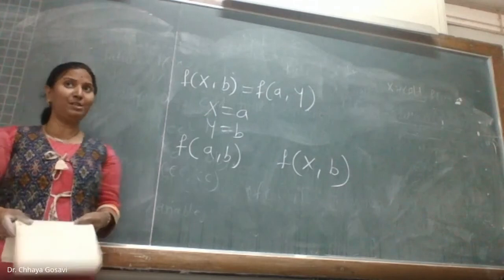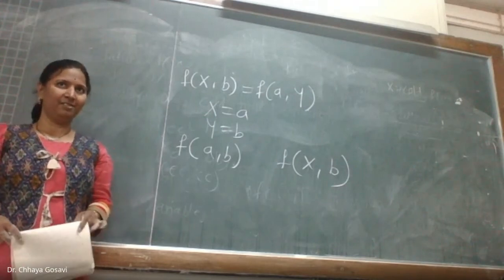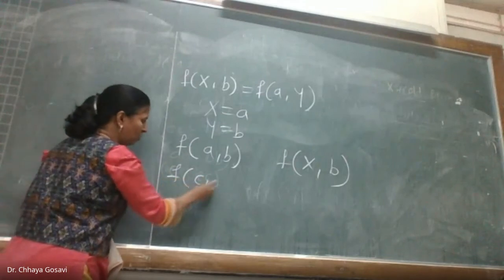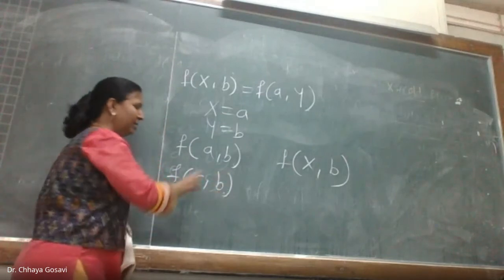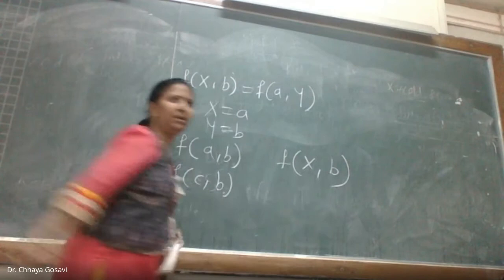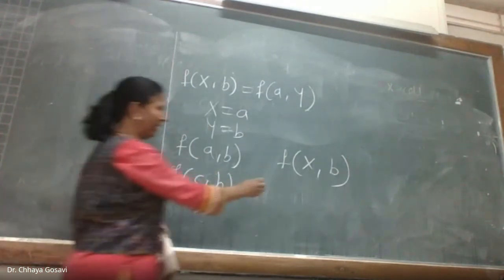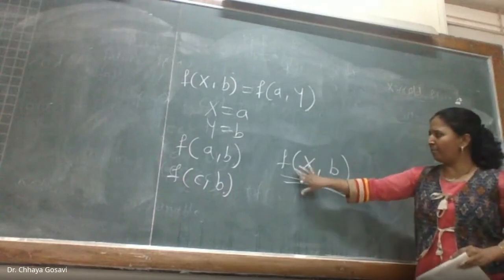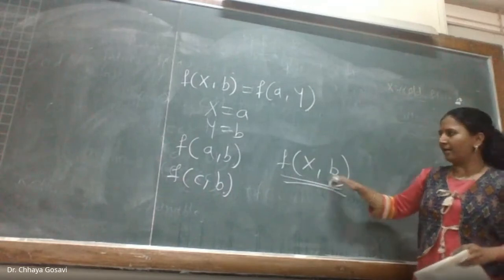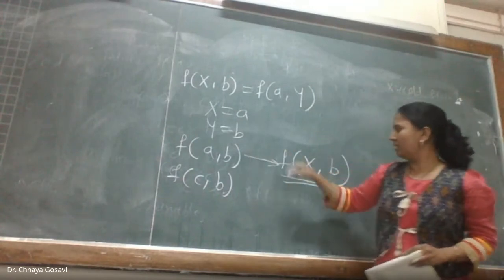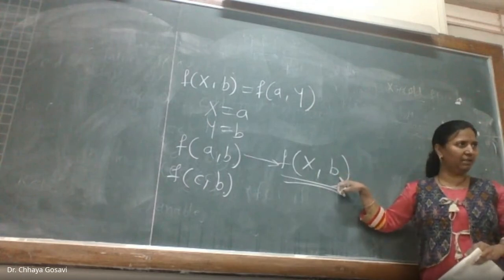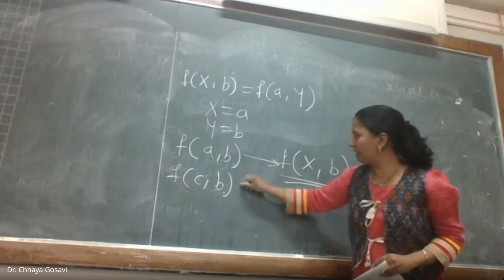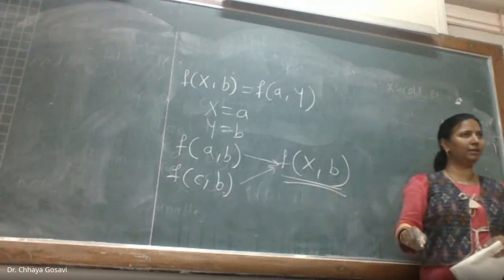What is the meaning of instance? Can I say that f(c, b) is an instance of f(x, b)? Just look at x comma b. If I have f(x, b), can I say that f(a, b) is an instance of it?